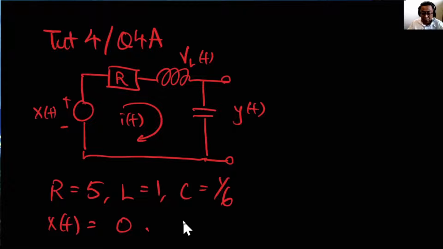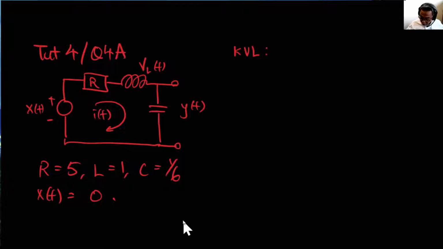Let's begin. We'll use Kirchhoff's voltage law and say that the signal across the entire loop x(t) is equal to the current i(t) multiplied by R plus v_L(t), which is the voltage drop across the inductor, plus y(t), the voltage drop across the capacitor.